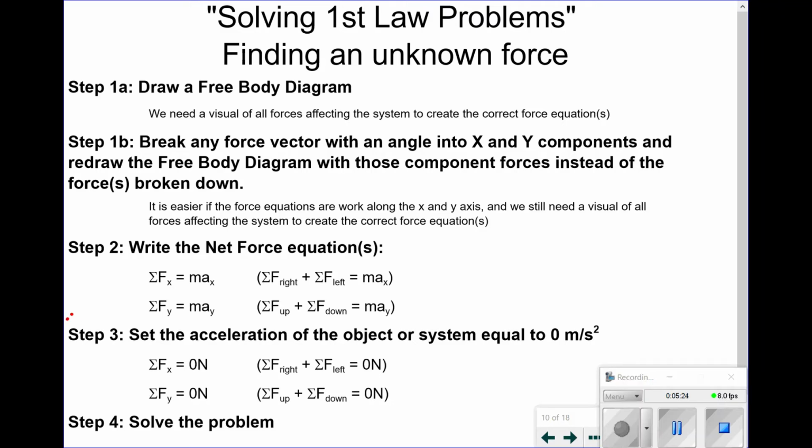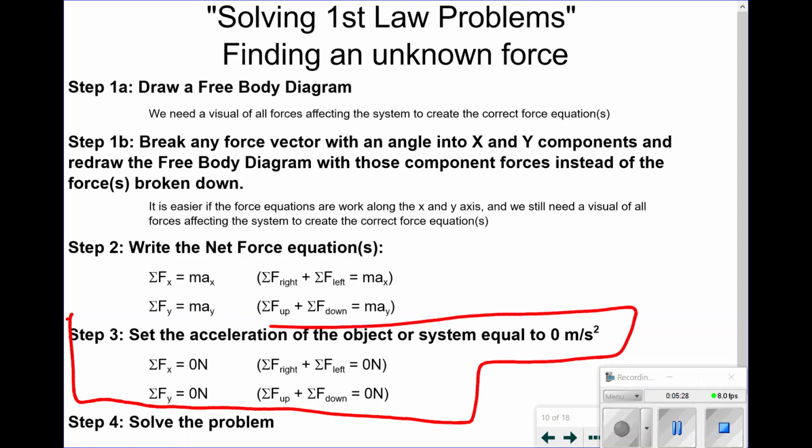The third step is to set my acceleration equal to 0 meters per second squared. I know it's 0 meters per second squared because I'm in a state of equilibrium. There's the thing. If I'm in equilibrium, then the acceleration must be 0 meters per second squared.